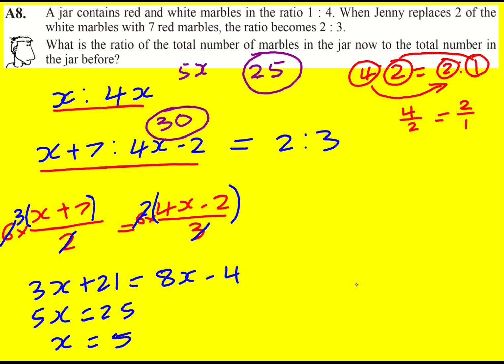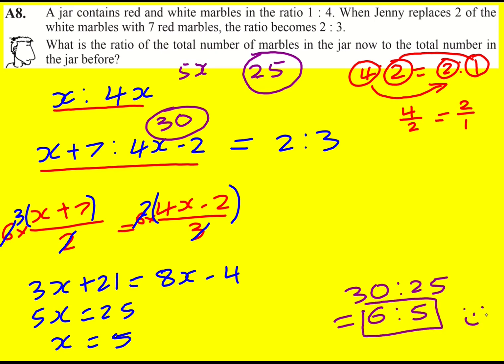So that means the ratio before to after, wait, what was it? Sorry, got to make sure you get it the right way around. So now we have 30, so it's actually 30 to 25 rather than the other way around. And now we can divide through by 5 to give 6 to 5. That's our answer.